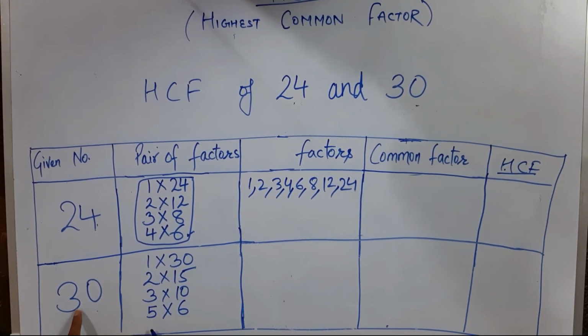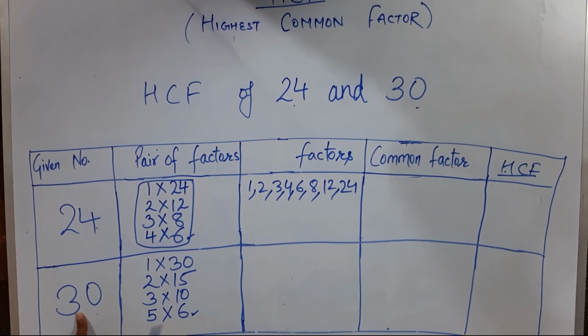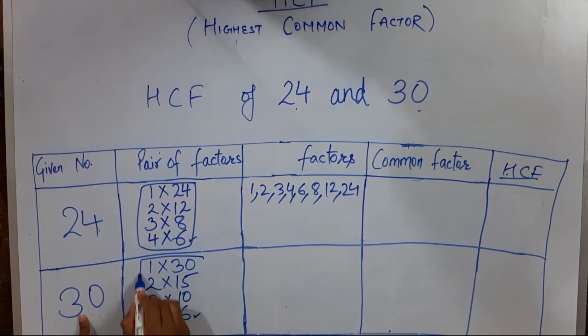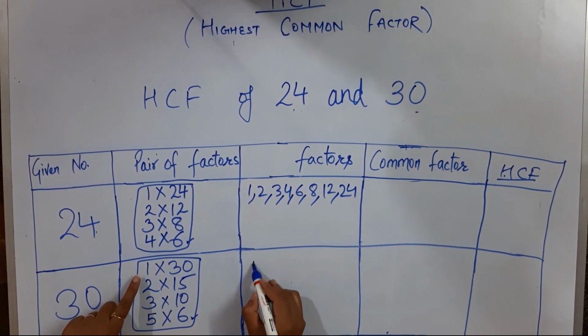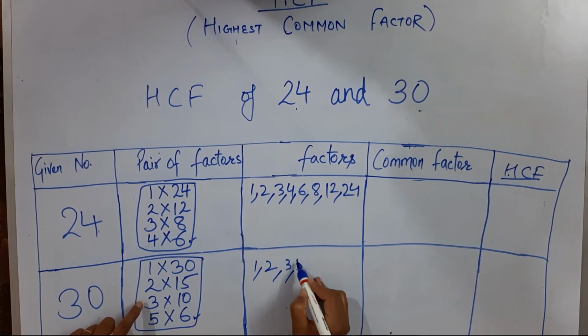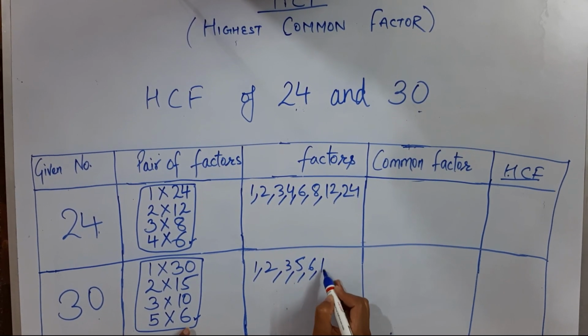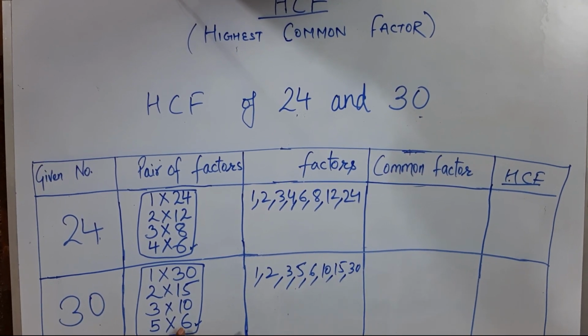After that in 6's table it comes, 6 5 ja 30, but 6 I have already used, so I will not repeat it. So these all are the pair of factors of 30. I will also write them in ascending order: 1, 2, 3, 5, 6, 10, 15 and 30.